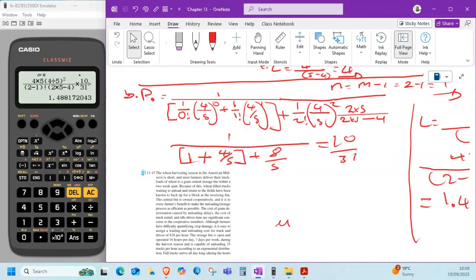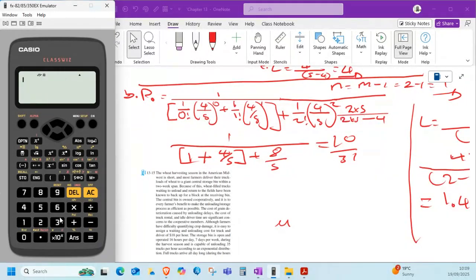Then what is my... I need to make sure that what I'm doing is correct.